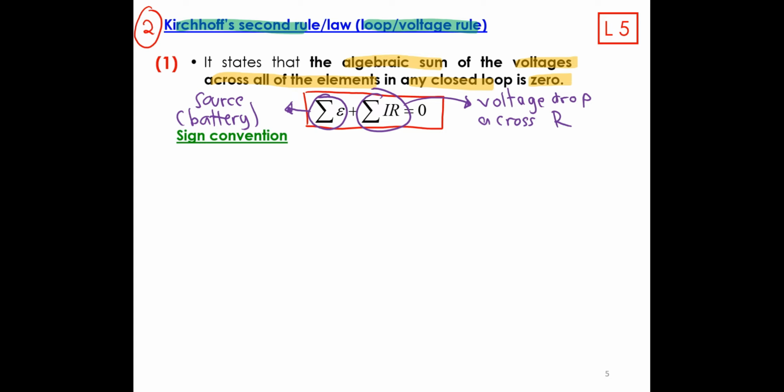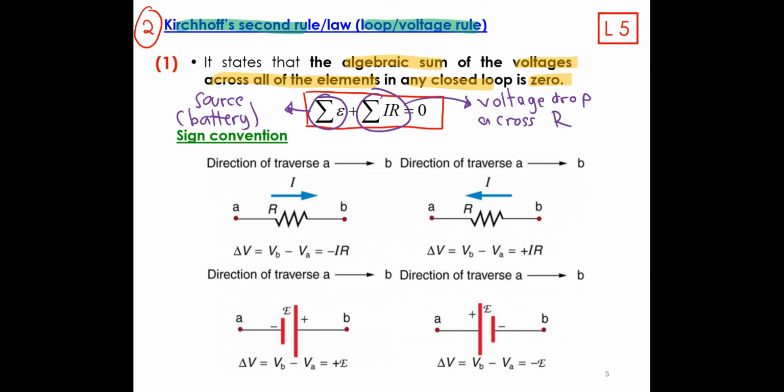Now we will discuss the sign convention in Kirchhoff's second rule before we apply the rule to solve any equation. We have the direction of traverse. In all of our diagrams, the direction of traverse is from A to B. Look at the first diagram.